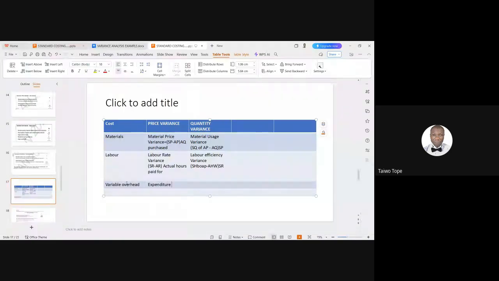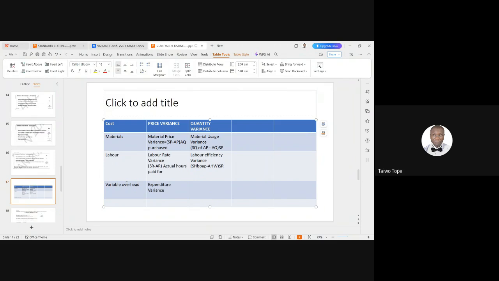The expenditure variance for variable overhead. Can you make an attempt at what the formula will look like? Now, this expenditure variance will also be in terms of rate. So this variable overhead behaves like the labor variance.